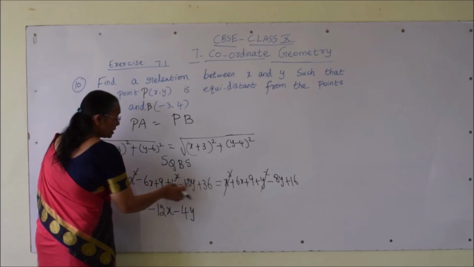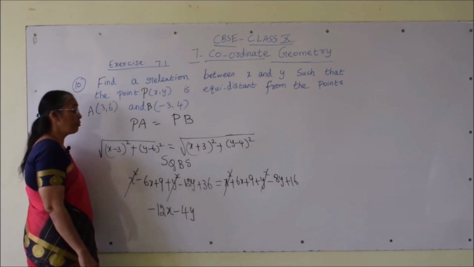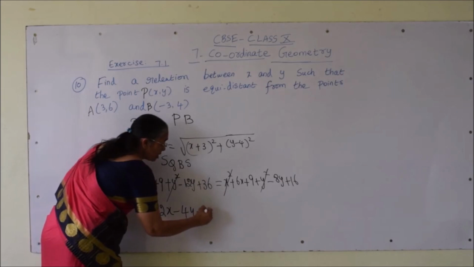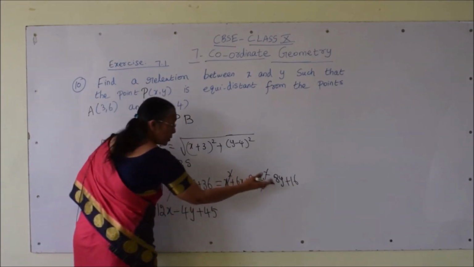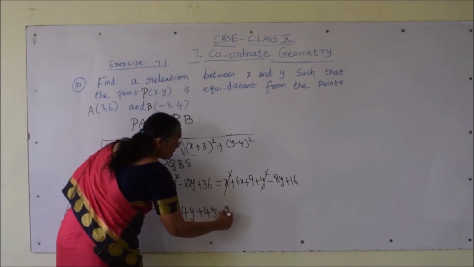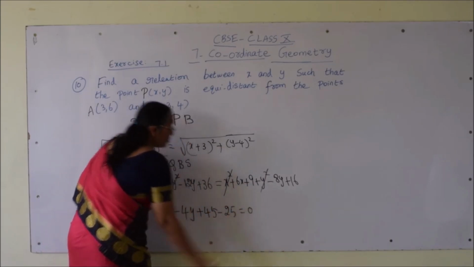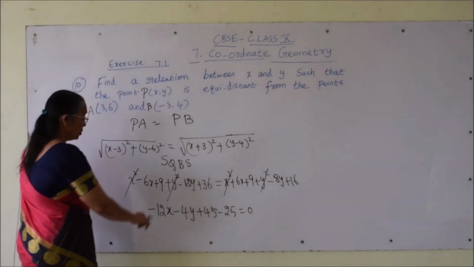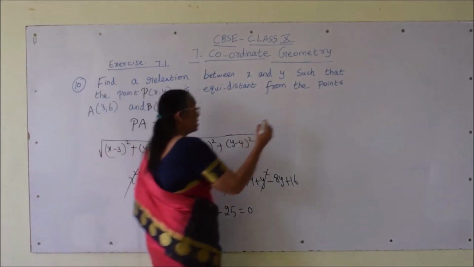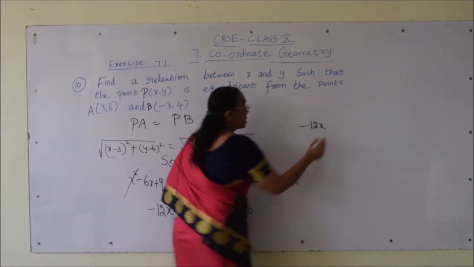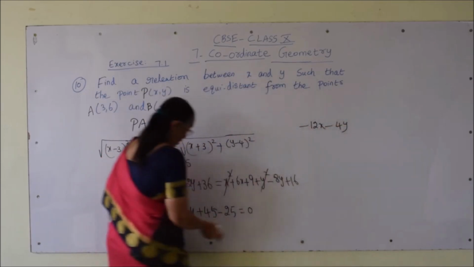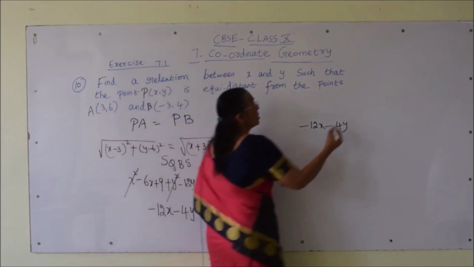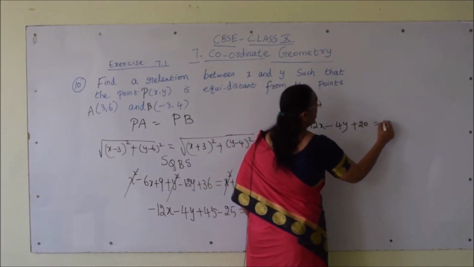Here 36 plus 9 is 45, and on the other side 16 plus 9 is 25. I am bringing it to the left hand side, minus 25, equal to 0. So, the equation is minus 12x minus 4y, 45 minus 25 is plus 20, is equal to 0.